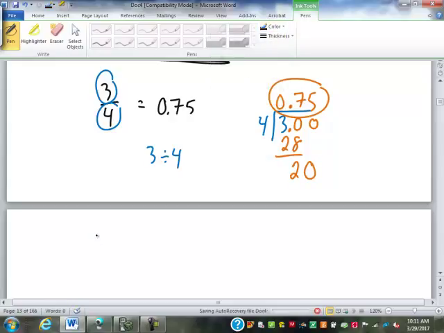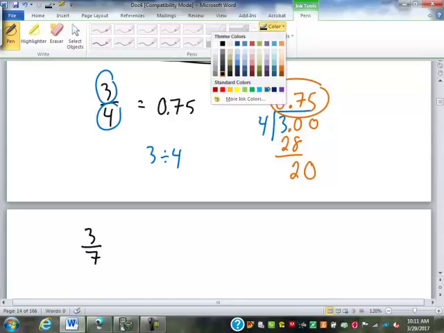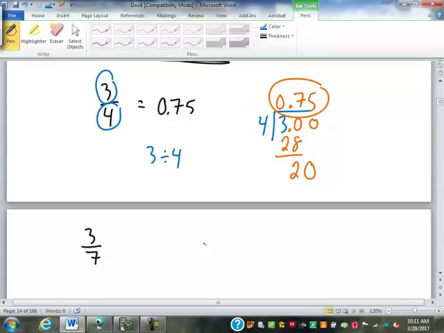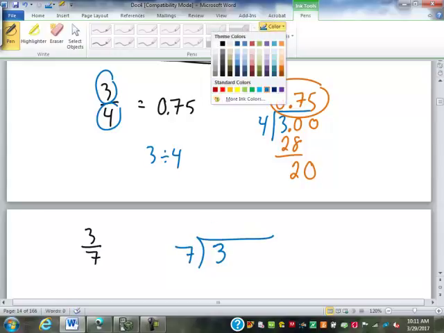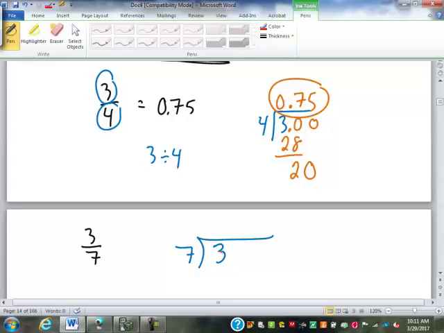We might have 3/7. If I want to convert that into a decimal, which number goes inside here? 3 divided by the 7. 7 goes into 3 how many times? It doesn't.